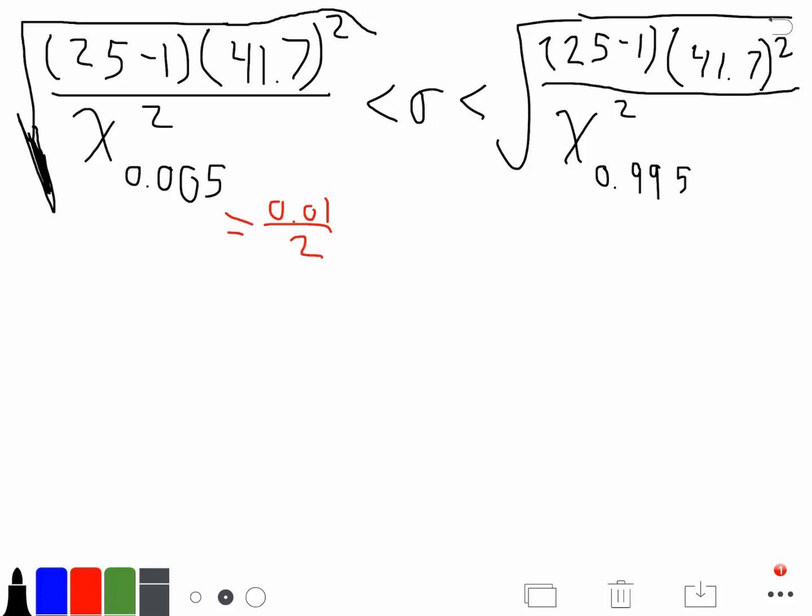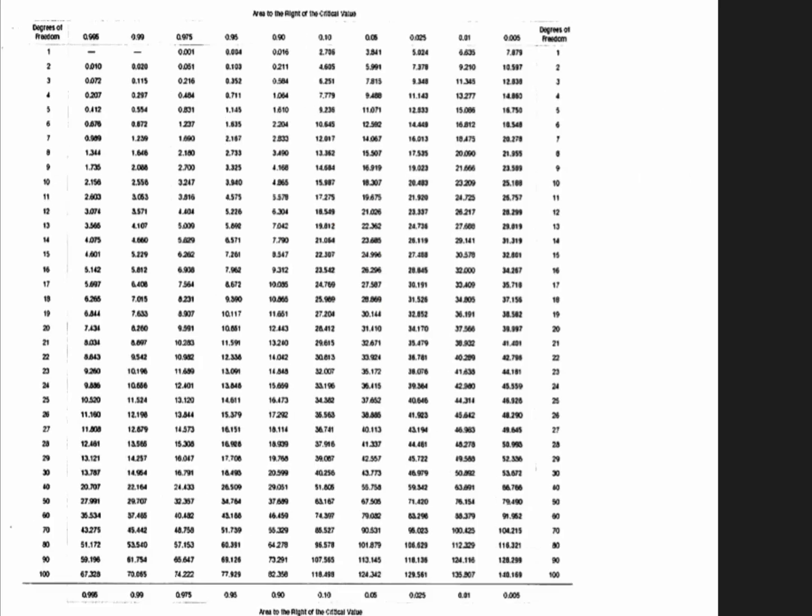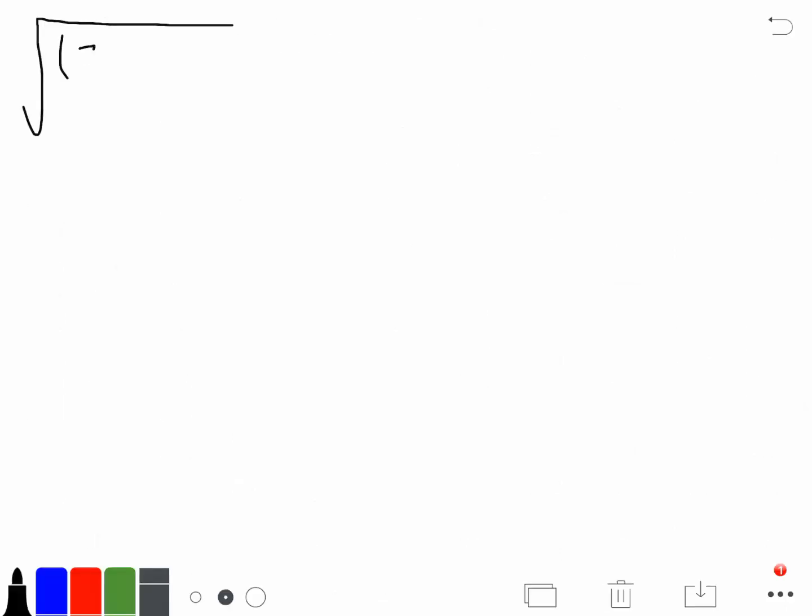Now that we have this, we can look in the table. And this table is the chi-squared table, by the way. We're finding these values with the given degrees of freedom, with 24 degrees of freedom. And we go ahead and plug these in.